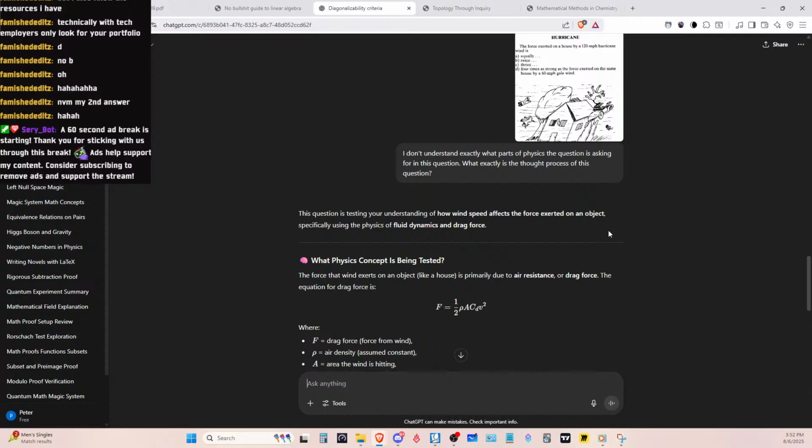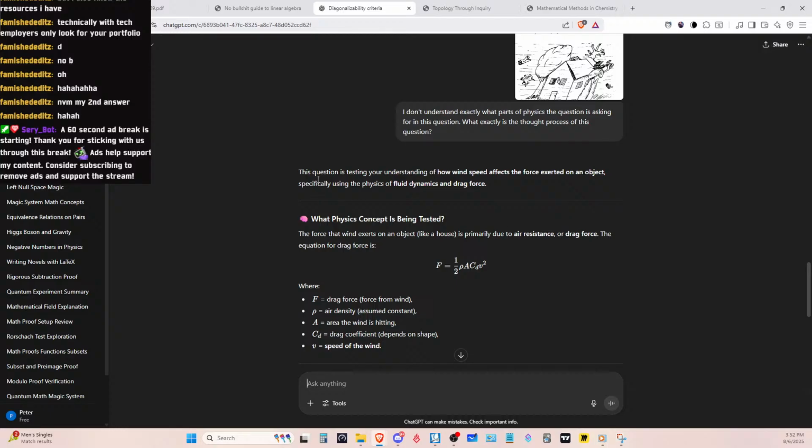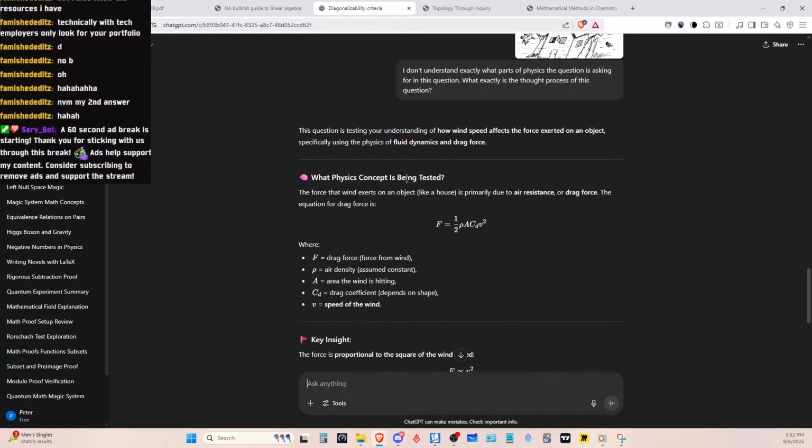Let's see, this question is testing your understanding of how wind speed affects the force exerted on an object, especially using physics and fluid dynamics and drag forces. What physics concept is being tested? The force that wind exerts on an object like a house is primarily due to air resistance and drag force.